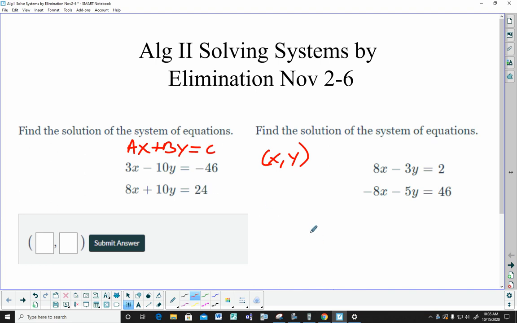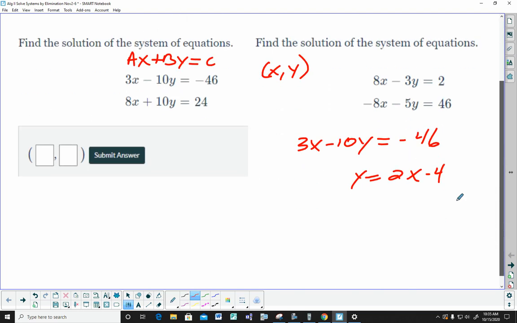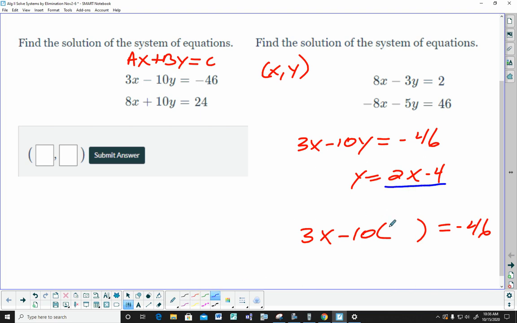Both of them are in this format, as opposed to when you're solving by substitution, where let's say one of them is standard form and the other one, I'm just going to make it up, is y is equal to 2x minus 4. When doing substitution, you would go to the equation that's in standard form, remove the variable y, and replace it with what that y value is worth.